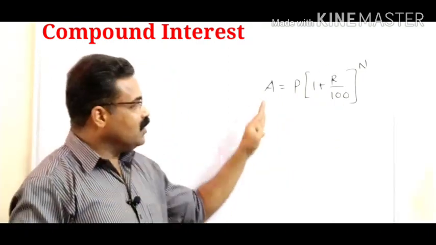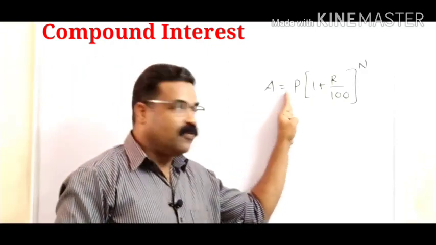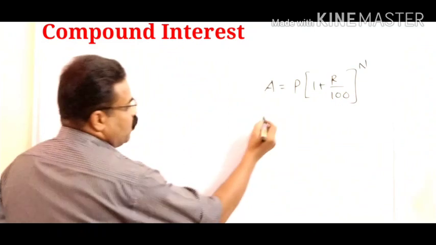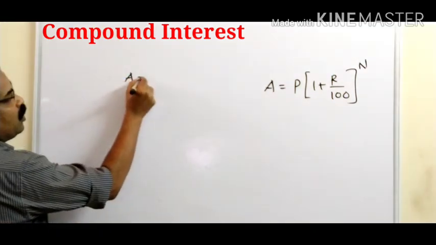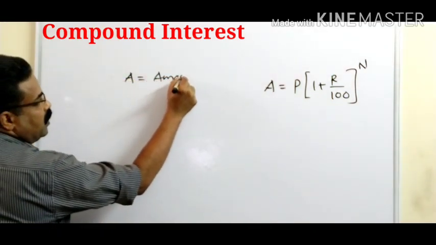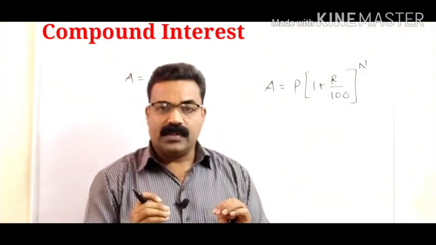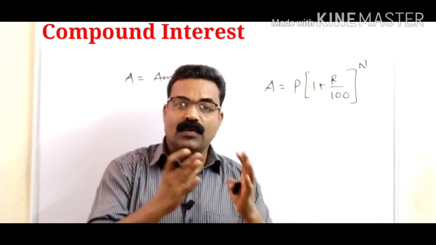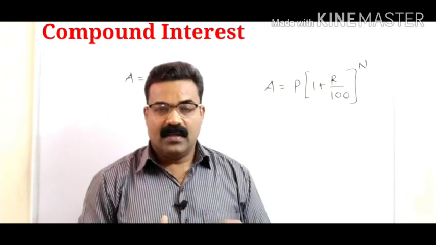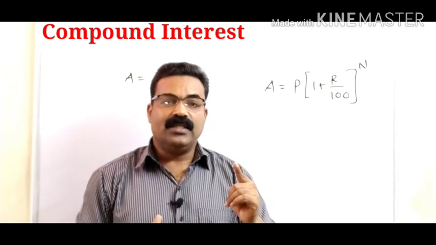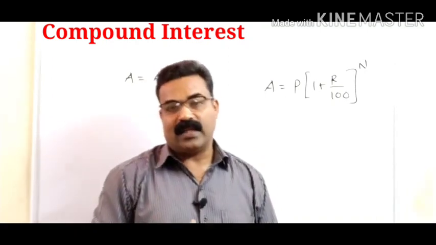Now let us see what A stands for, what P stands for, R and N. A is equal to amount. Suppose you are investing 1000 rupees in a bank for 1 year and you are getting 8% interest on that.